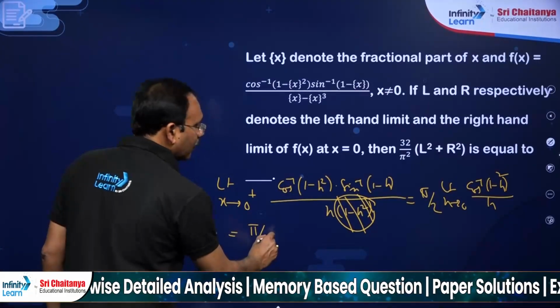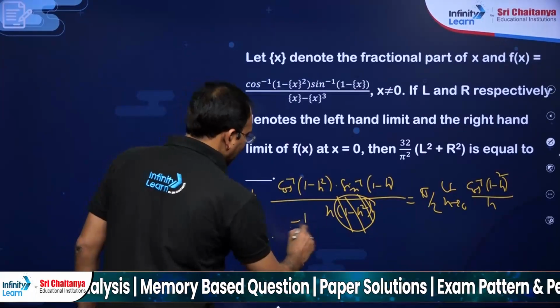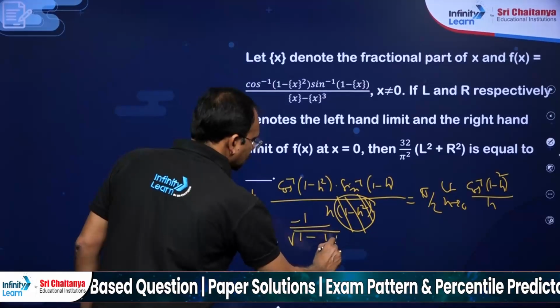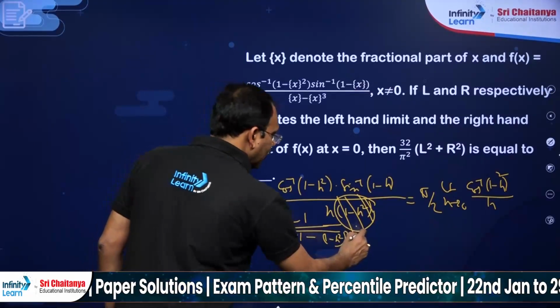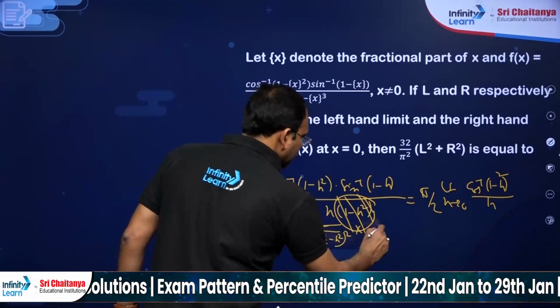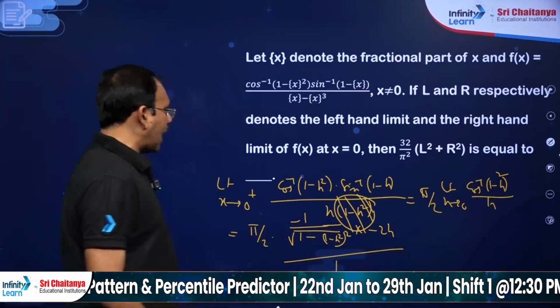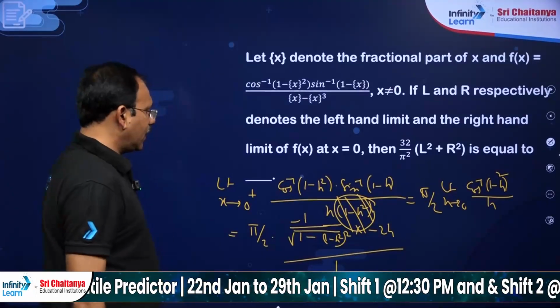So you can write pi by 2 into cos inverse x derivative, that is minus 1 by root of (1 minus x square), with x being 1 minus h square, whole square, into the derivative of 1 minus h square, which is minus 2h, by the derivative of the denominator.